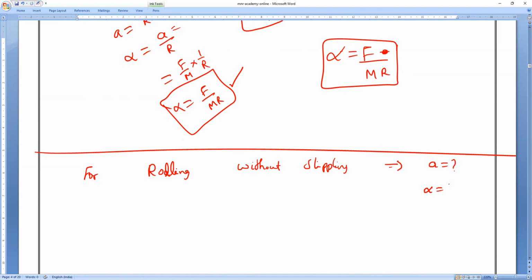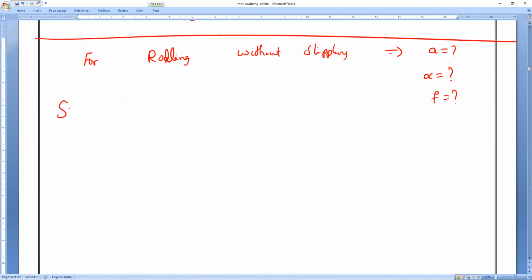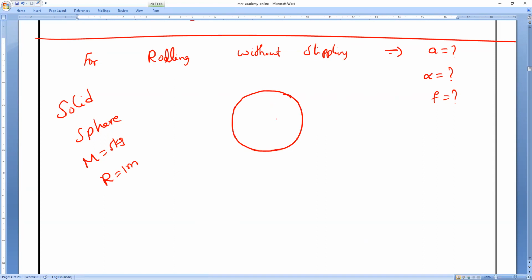Acceleration is A, alpha is equal to how much, and frictional force is how much? Now imagine I am taking a solid sphere whose mass is 5 kg and whose radius is 1 meter. Let me take radius as R.